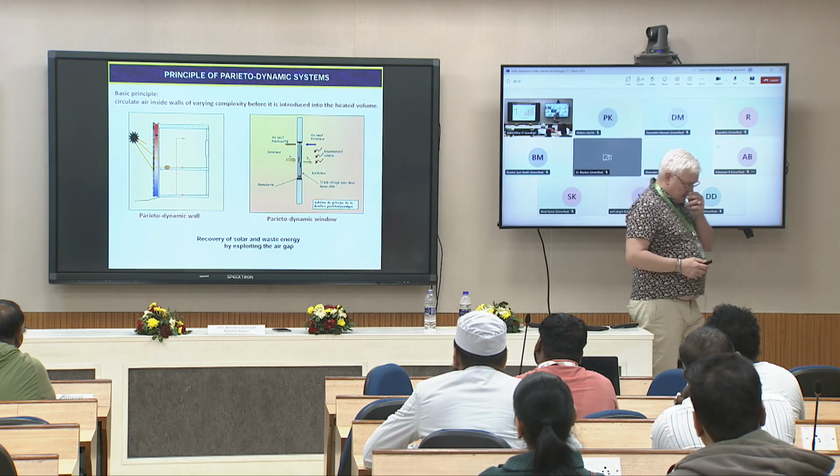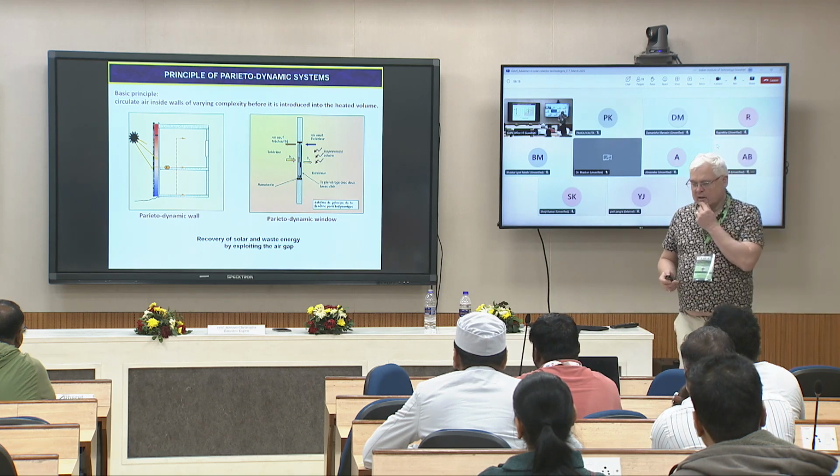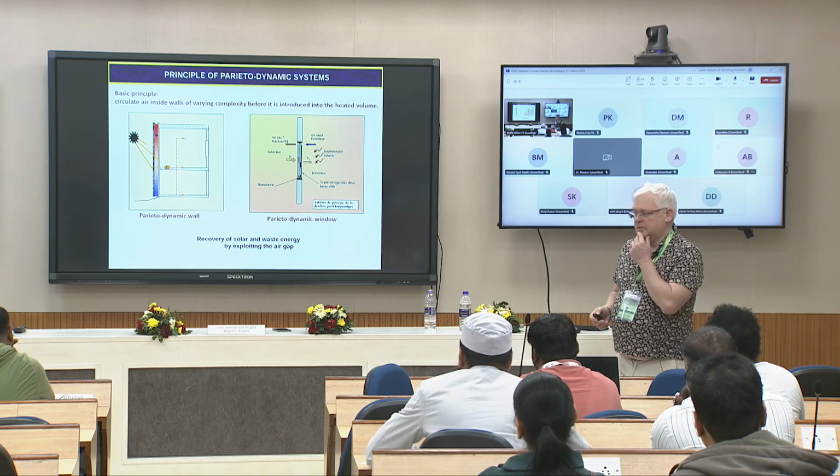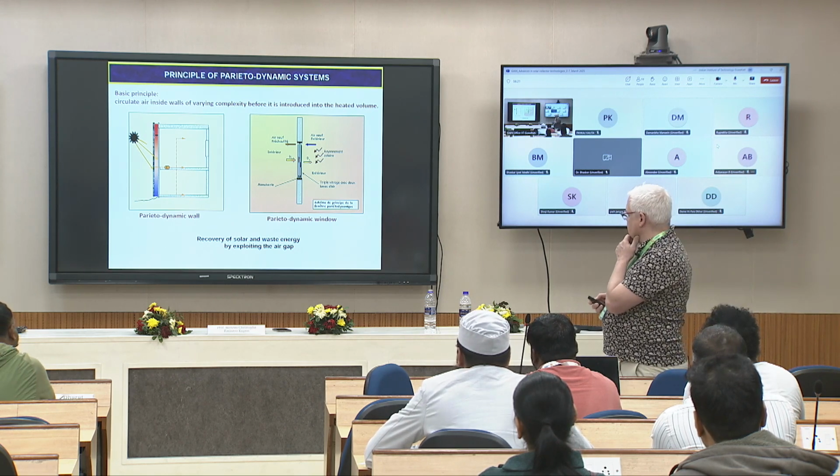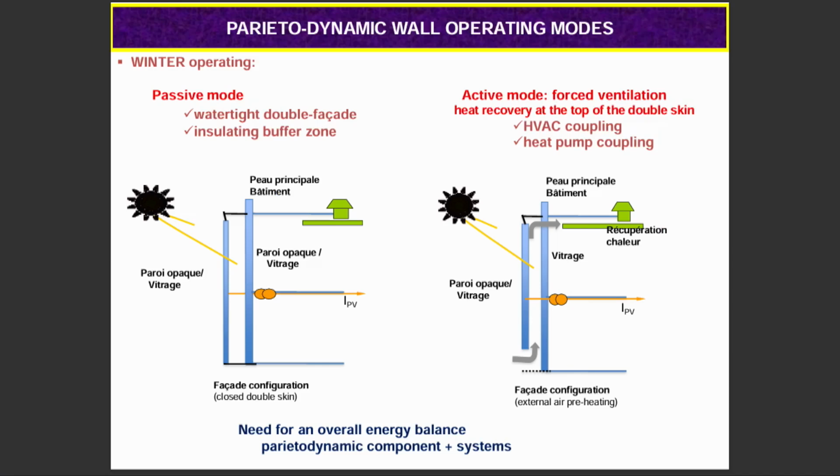And it is interesting when you have only one flux mechanical ventilation. So the principle is during winter time, the simplest is to use it as a double glass finally. So there is an air gap, it is closed, watertight, and it is used as insulation.